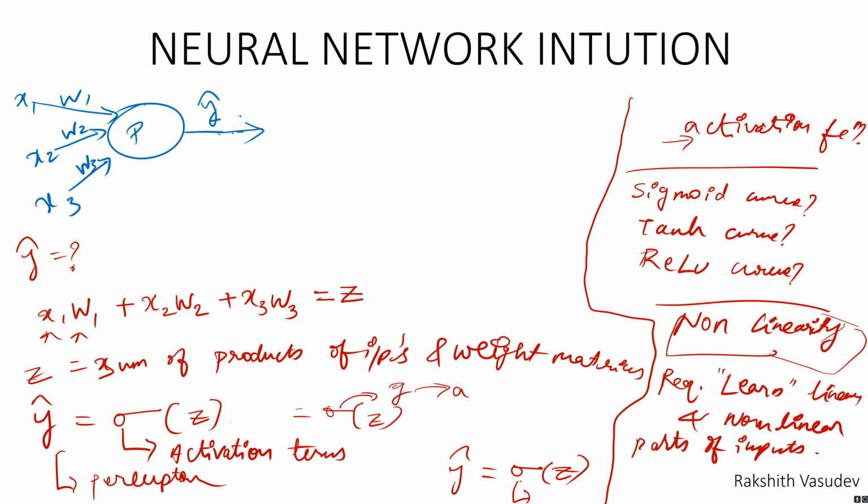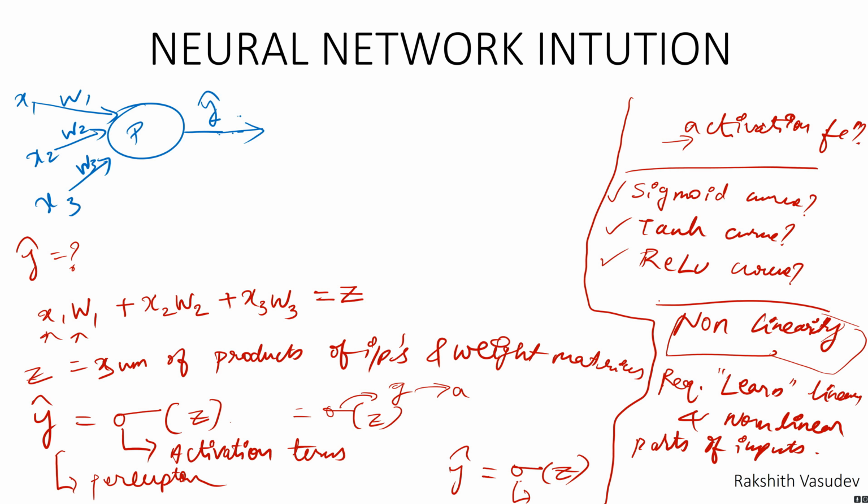All you have to know right now is, let me brief what is going on here. We first took Z as the sum of products of inputs and weight matrices, and then we pass it to an activation function. And what is an activation function? Even if you don't know any of these, that's perfectly fine.